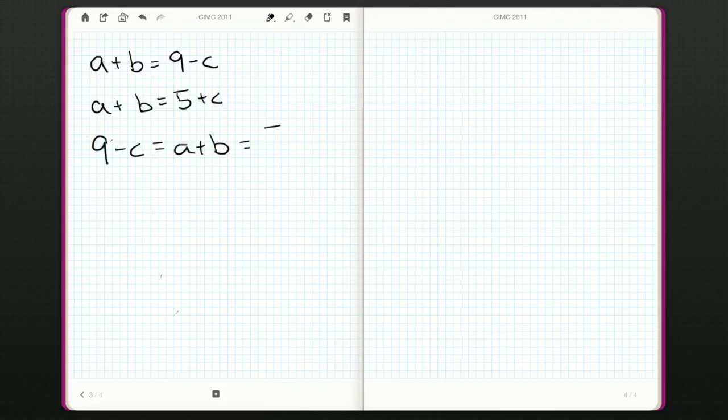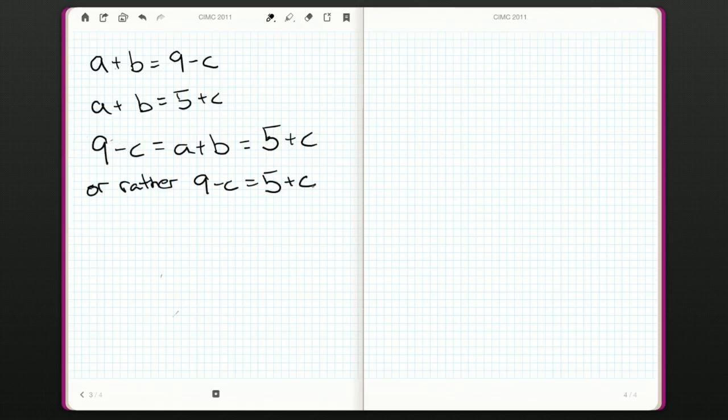A plus b, we know that's equal to 5 plus c. So that tells me that 9 minus c must be equal to 5 plus c.